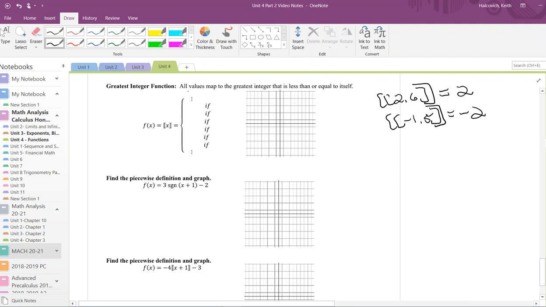And so now this function on its own could be infinite. So that's why we put the dots here to represent that we're only going to graph part of it. So we're going to start with it's 2 if x is between 2 and 3, where it's equal to 2 but not equal to 3. It's 1 if x is between 1 and 2. It's 0 if x is between 0 and 1.